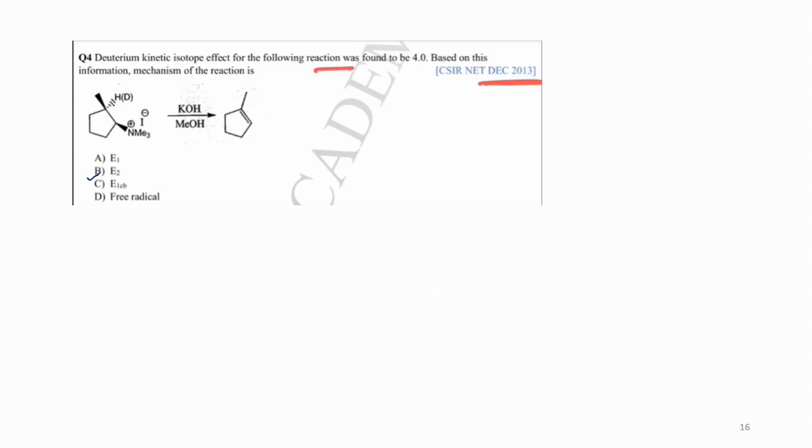And how is this taking place? This will come here and this will be removed from the system. Okay, so what will be our correct answer? Correct answer will be E2. This question came in CSIR NET December 2013. So now whatever question comes from the kinetic isotope effect, I think it will be easier for you to attempt.